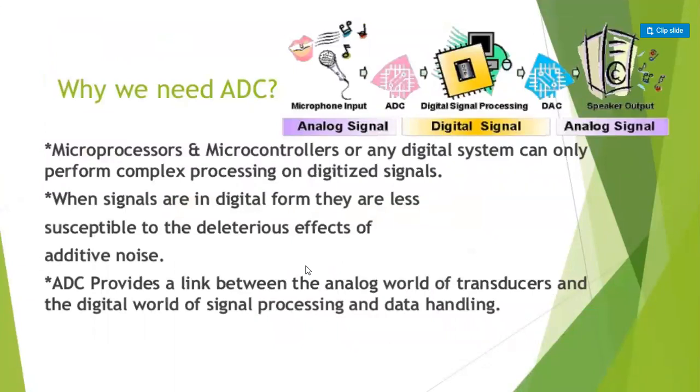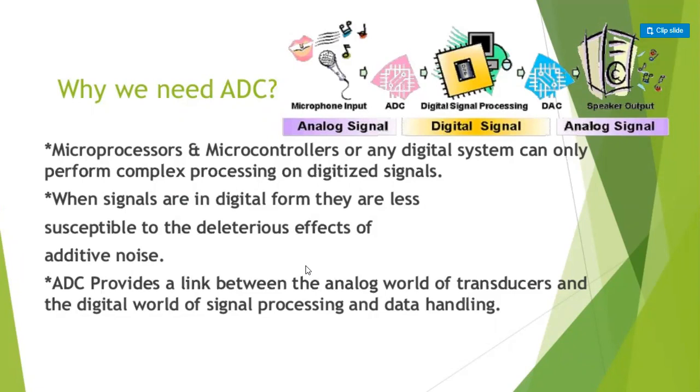Why do we need an ADC? What is the requirement of an analog to digital converter? Basically, the analog signal is a microphone input, which goes through the ADC; the digital signal is for DSP, digital signal processing, then through the DAC you will get the analog signal at the speaker output: microphone in, speaker output. Microprocessors, microcontrollers or any digital system can perform complex processing on digitized signals.